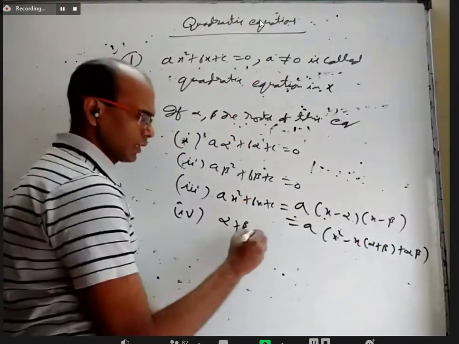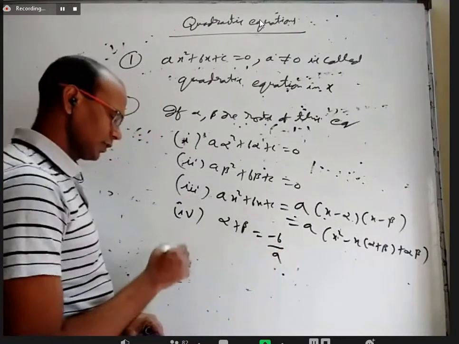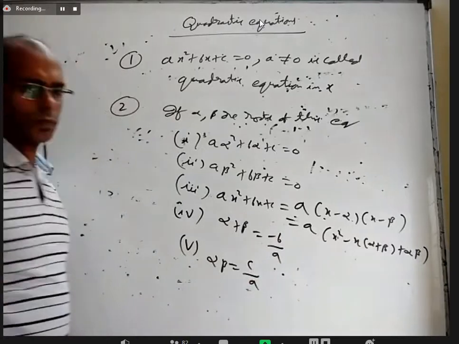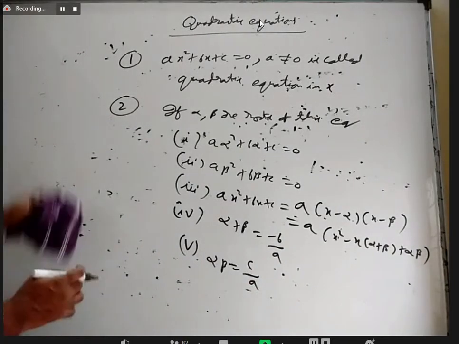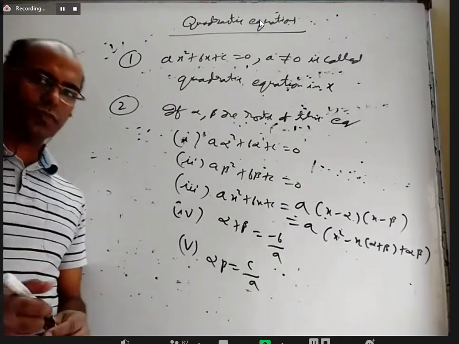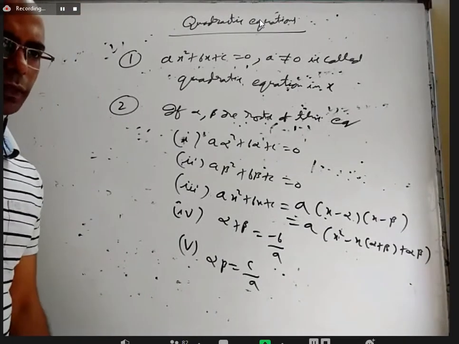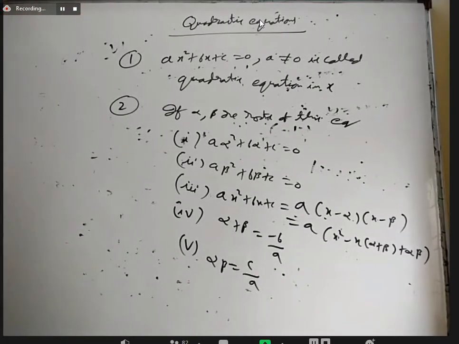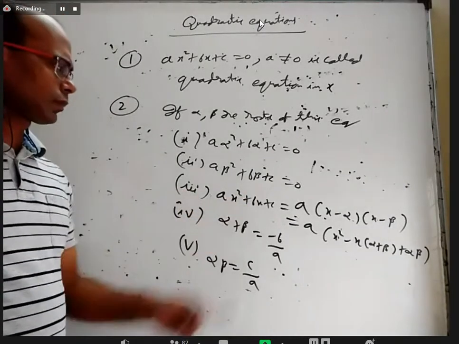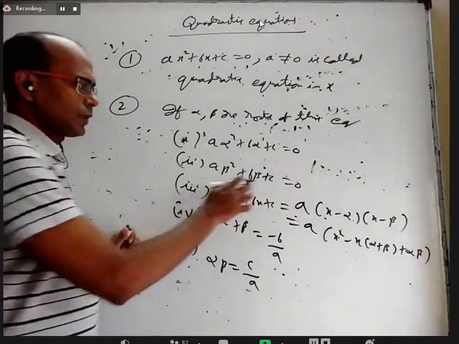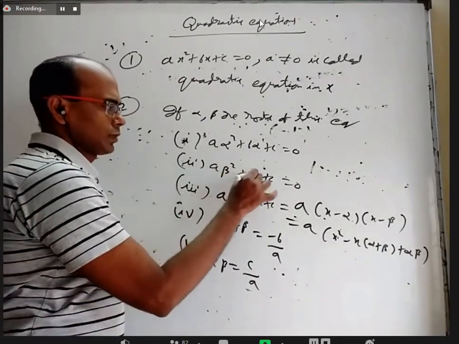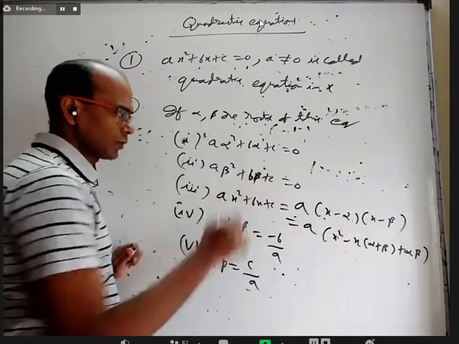While comparing, we'll get alpha plus beta is minus b by a, alpha into beta is c by a. These are already known points, but just for the sake of formality I'm telling once. In the second one I wrote beta only. This is also beta, this is also beta.